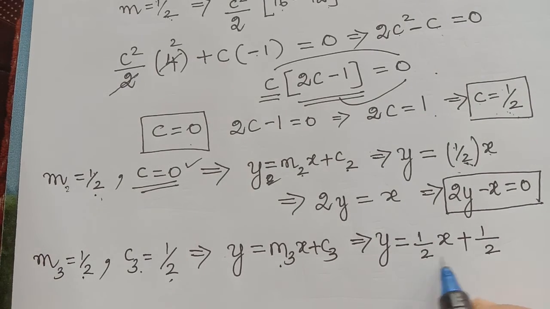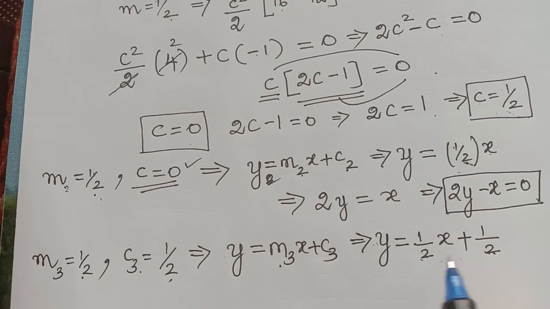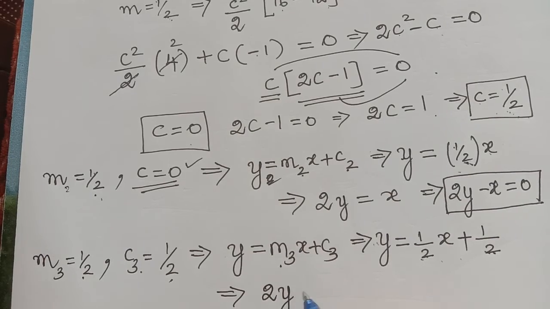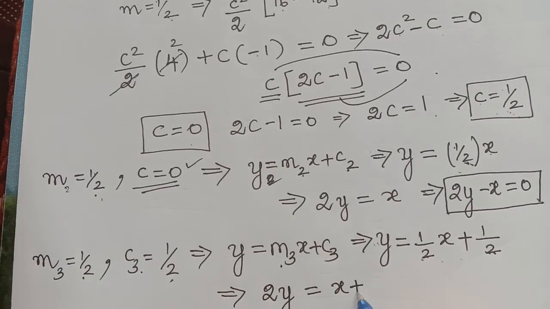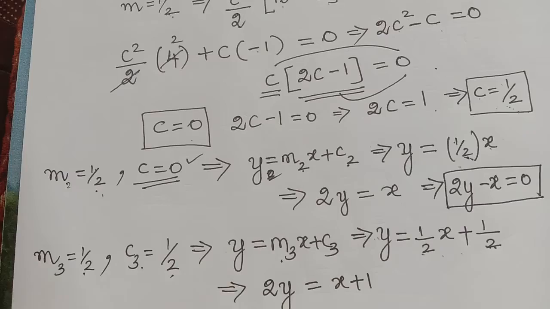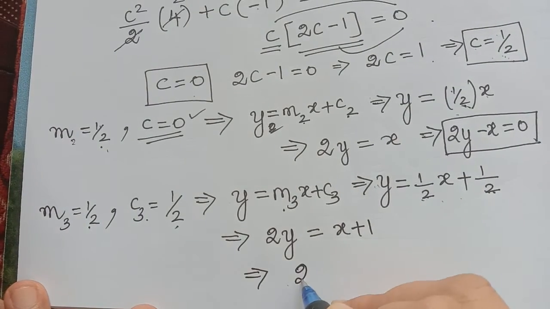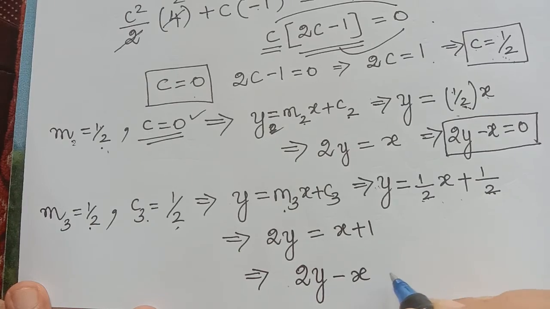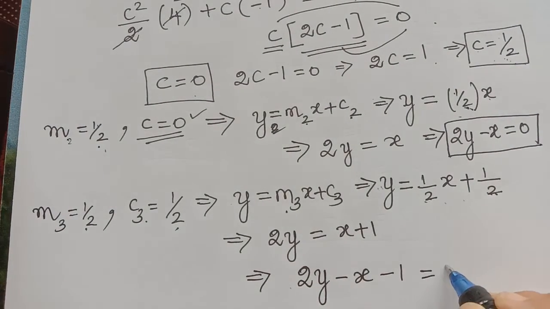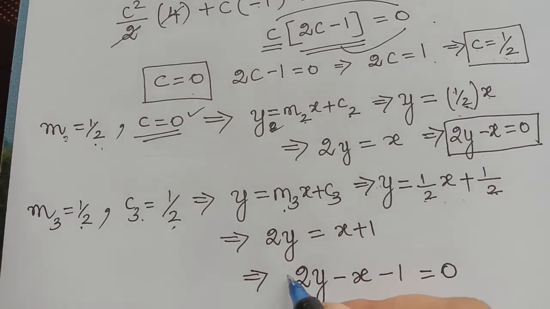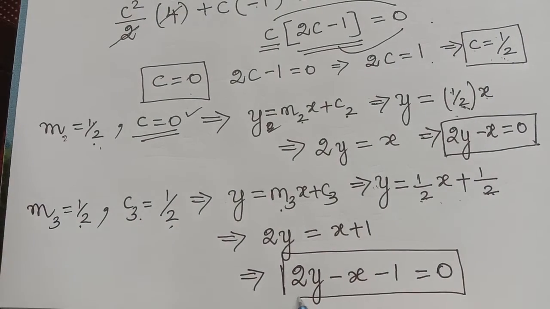We observe that the LCM on the right is 2, and after taking the LCM we multiply it with y on the left. So this equation becomes 2y equal to x plus 1. Bringing all the terms to the left-hand side, we get the third equation of the asymptote as 2y minus x minus 1 equal to 0.